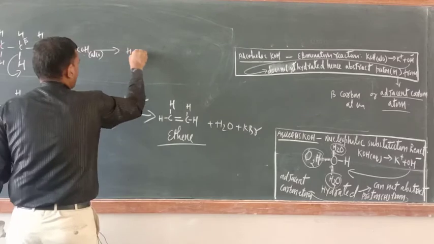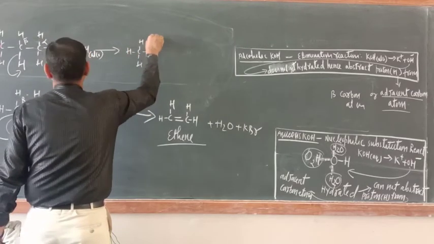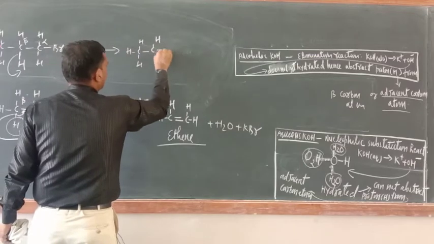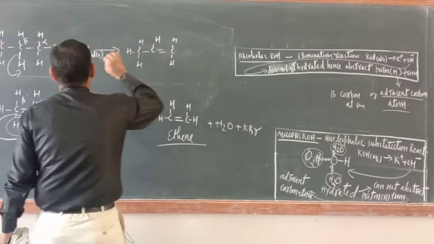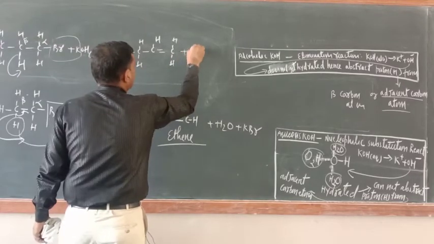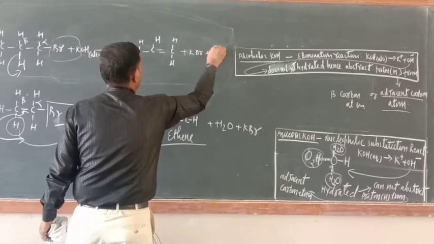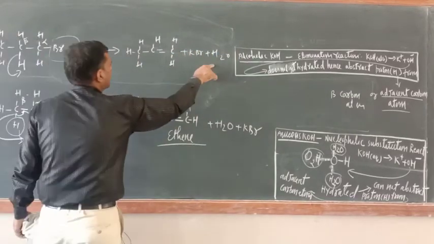What are the products? A double bond forms between the carbons, plus KBr will come out, plus H2O, from this proton and OH.